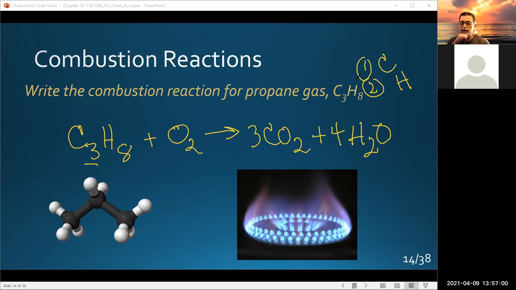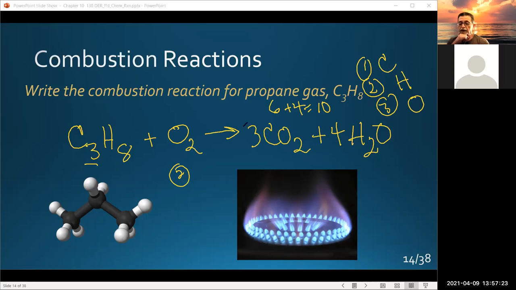So our carbons are balanced, our hydrogens are balanced. What is left is the oxygen. Obviously we only have 2 on the reactant side, and we have 6 coming from carbon dioxide plus 4 from water. So we have a total of 10 oxygens on the product side.